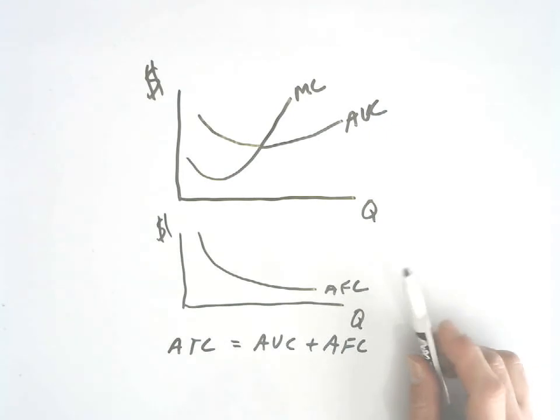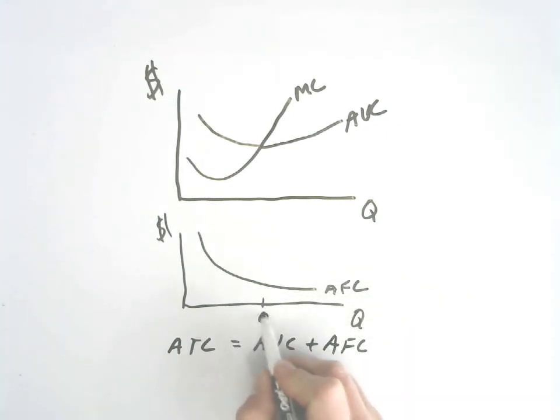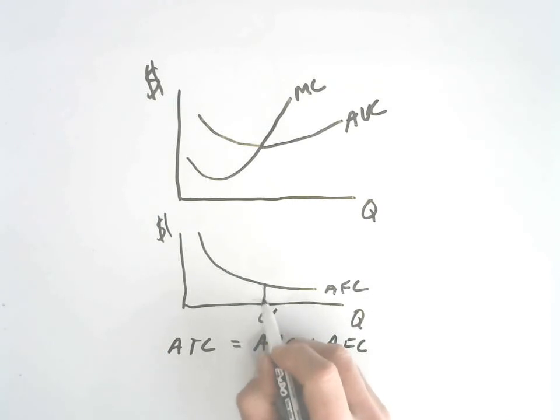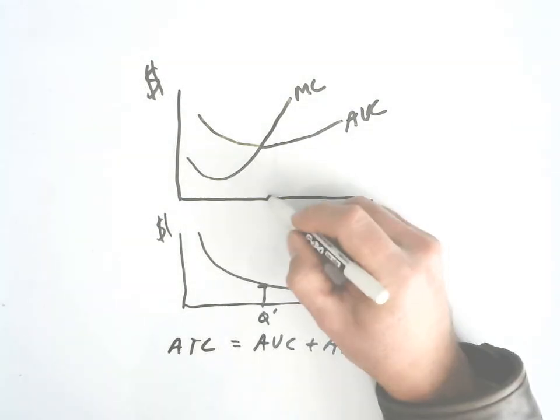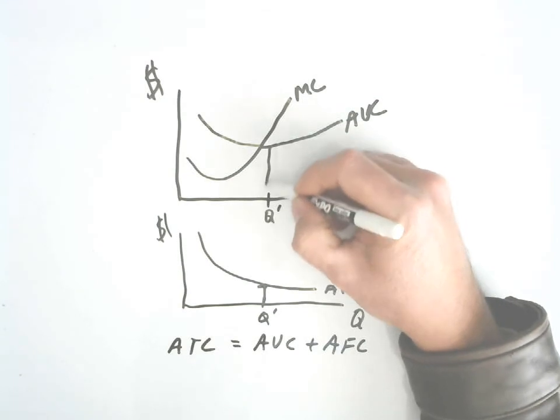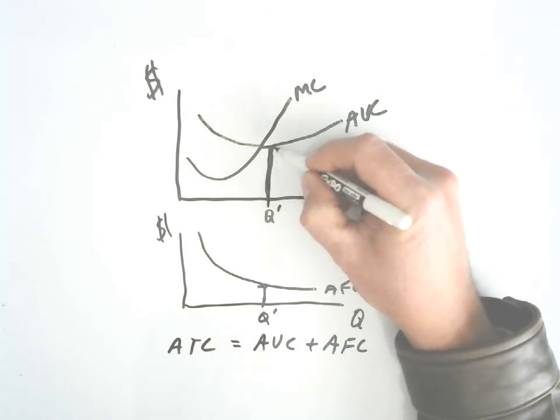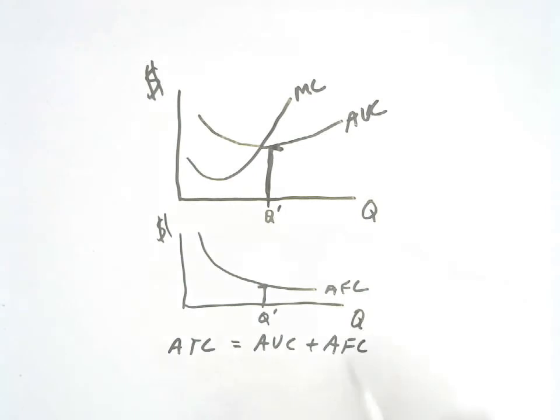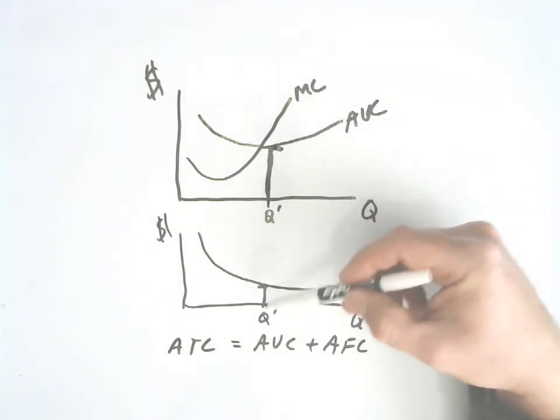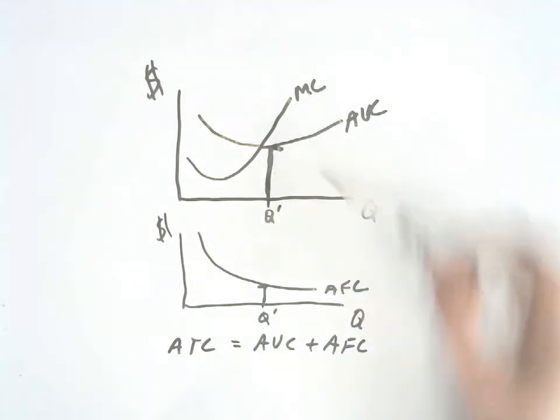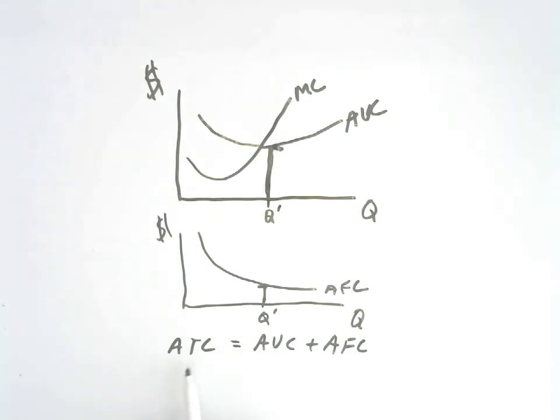If I choose a Q, say Q prime, at that Q my average variable cost will be that distance there. At that same Q prime, my average fixed cost will be that distance there. If I add those two distances at that Q, I get my average total cost to produce those Q.